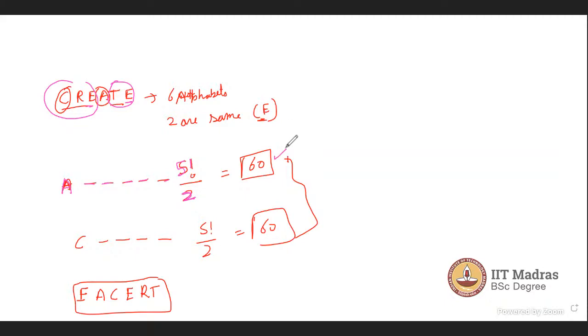What does it mean by dividing by 2? Sir, can you just tell? It means, consider this is my one alphabet A, E, C, R, T, E. This is my first E and this is my second E. Another possibility could be this is my first E and this is my second E, but they both are the same, right?